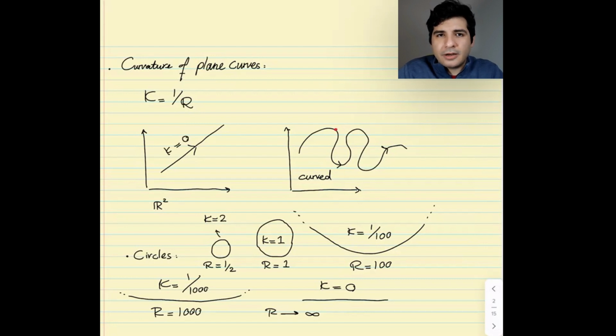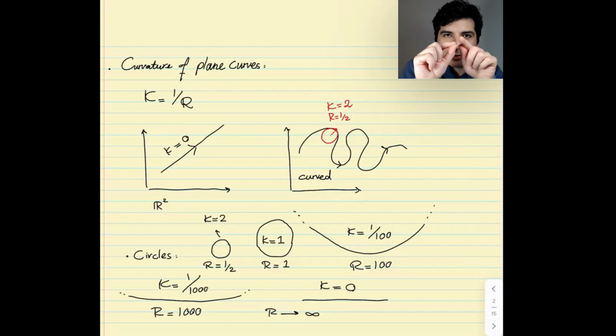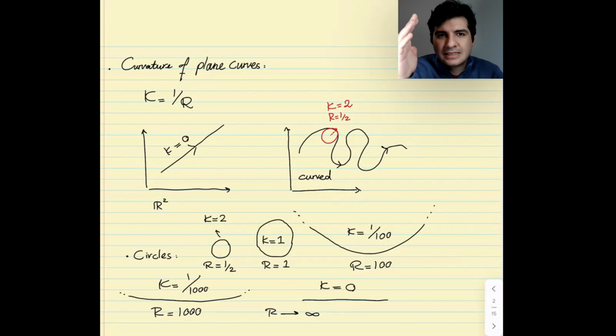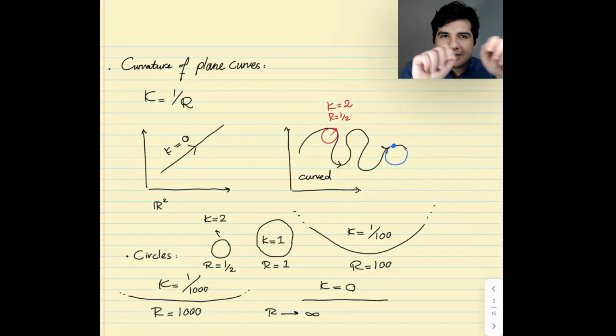Now, if we look at these curves in the plane, we can define the notion of curvature at each point. It's like at each point finding a circle which is tangent to the curve at that point, right? And loosely speaking, it's inscribed there in the sense that they have the same curvature.